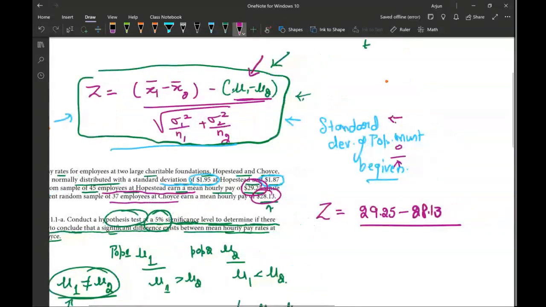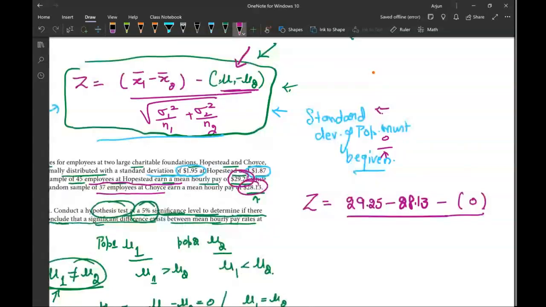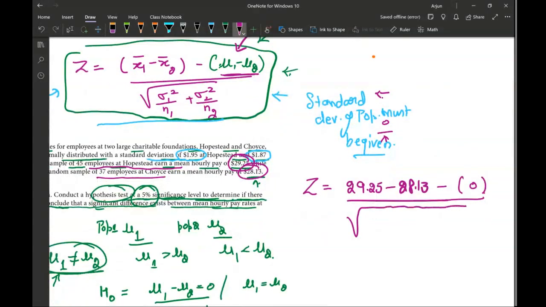Then the remaining part is equal to 0, divided by the standard deviation given to me, which for Hofstede is 1.95 squared over 45, plus, on the other side, 1.87 squared divided by 37.